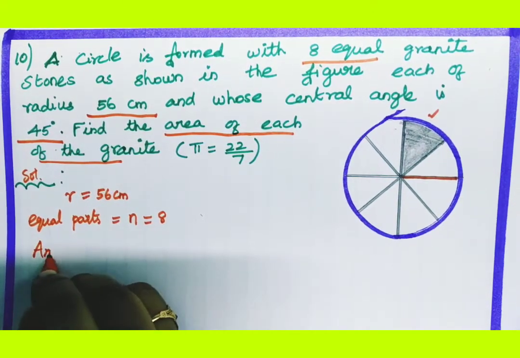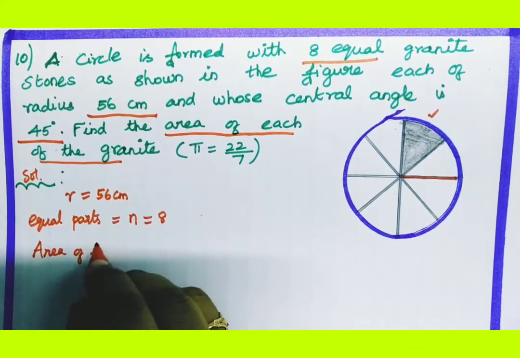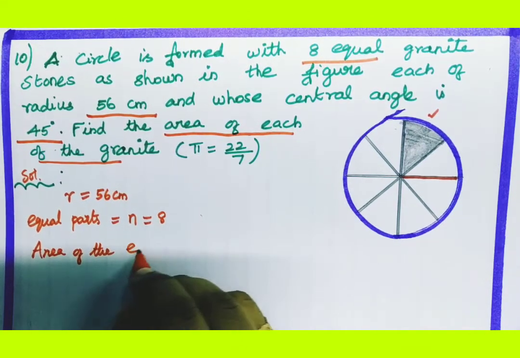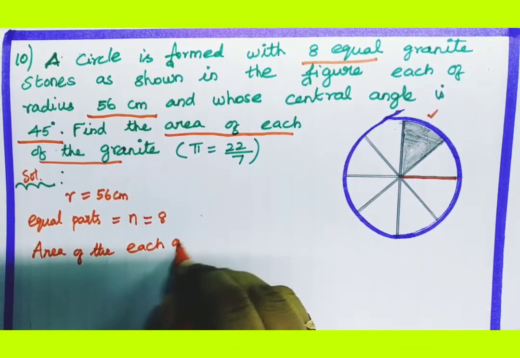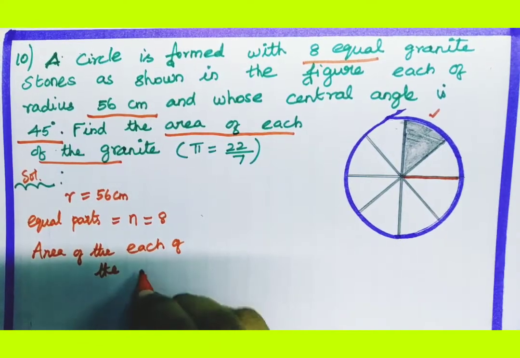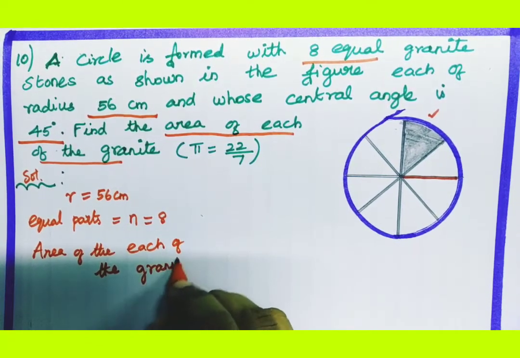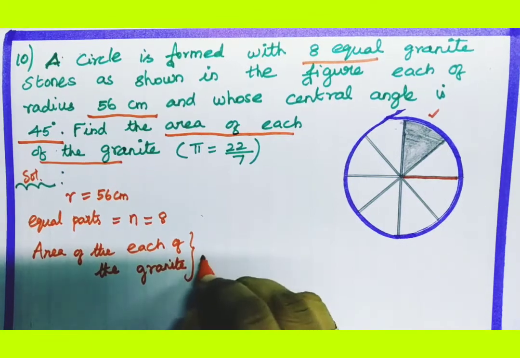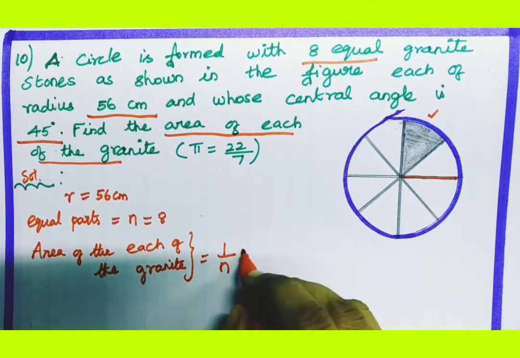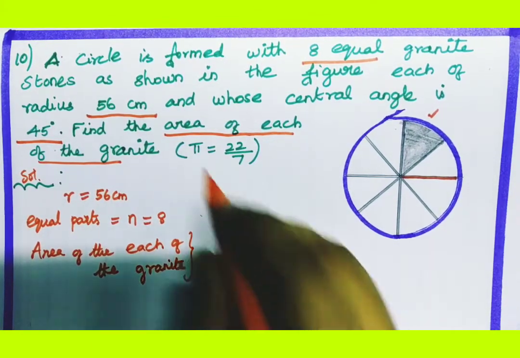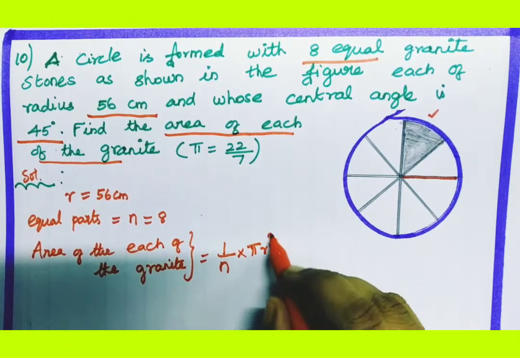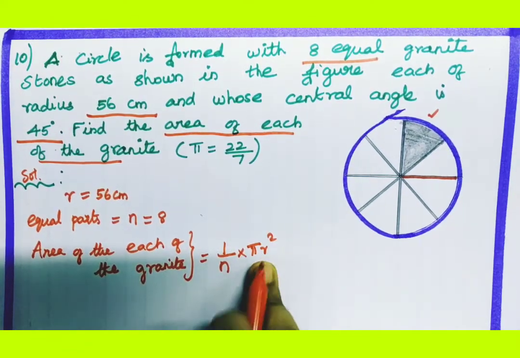So area of each of the granite, that only we need. So how to find out now? 1 by n into area. What will come? Pi r squared. Here only we will get confusion: 2 pi r or pi r squared.